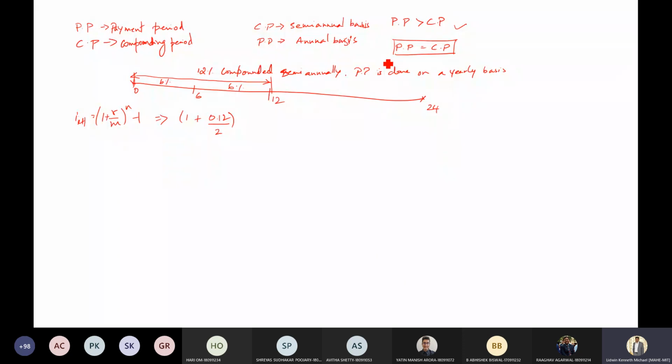So what will be the value of n in this case? As I said, n is the number of times it is compounded until you make the payment. You are making the payment here, here, here, and here, and so on.